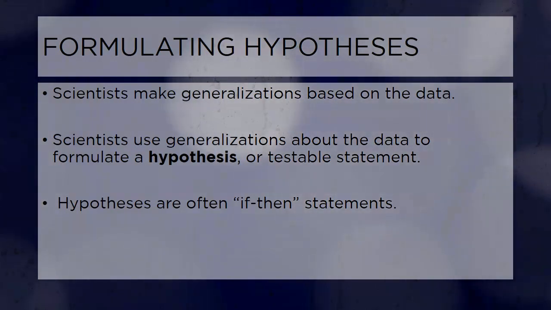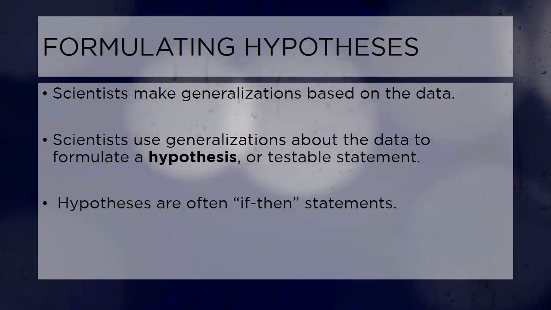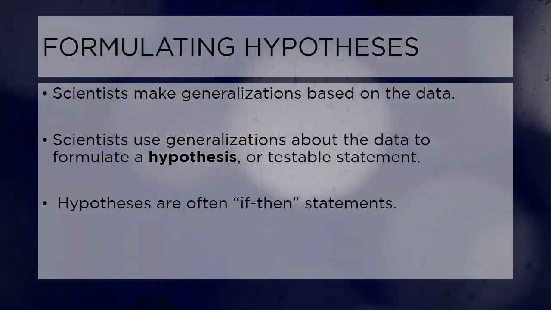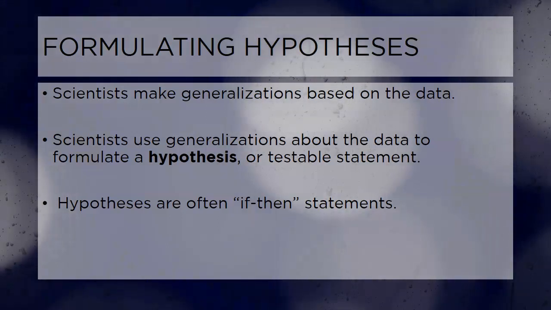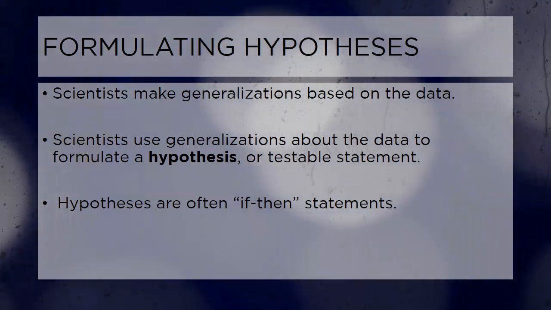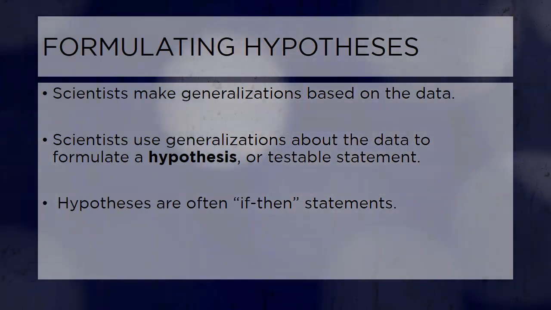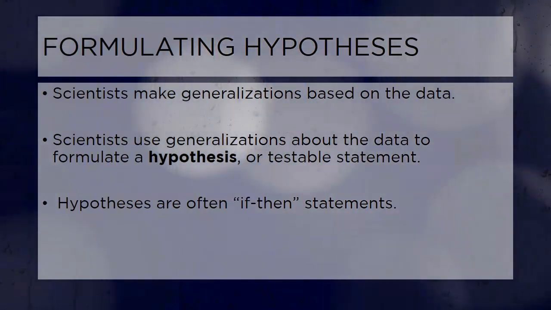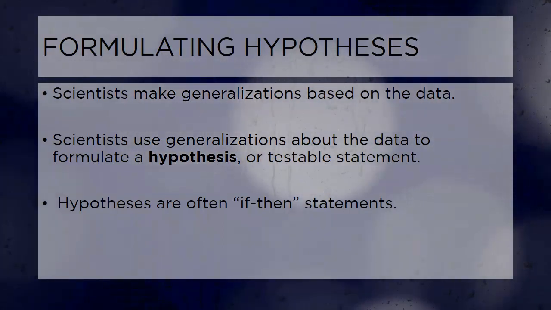An example I give is think of aliens, UFOs. I could say there are no aliens in the universe. How would you prove that false? If I said there's no aliens in the universe, you can prove it false just by finding an alien, right? So that's a good hypothesis.